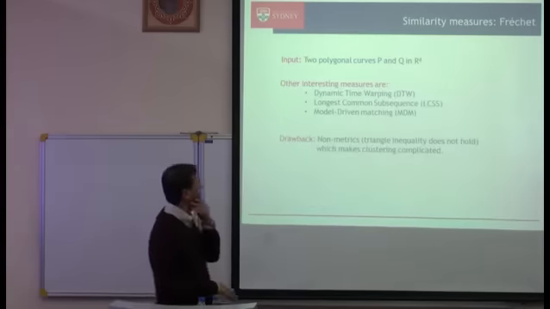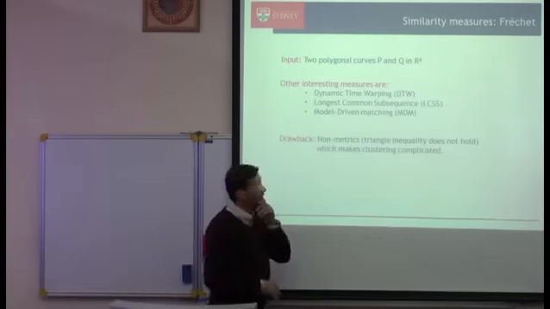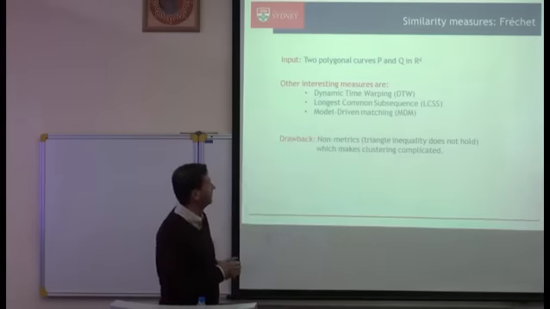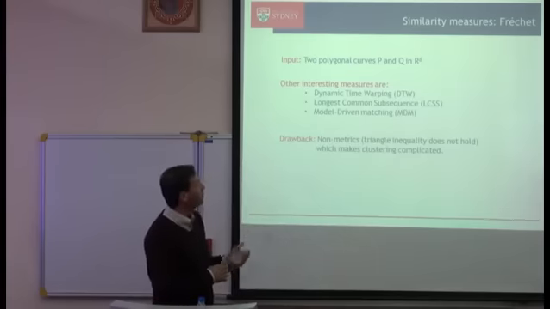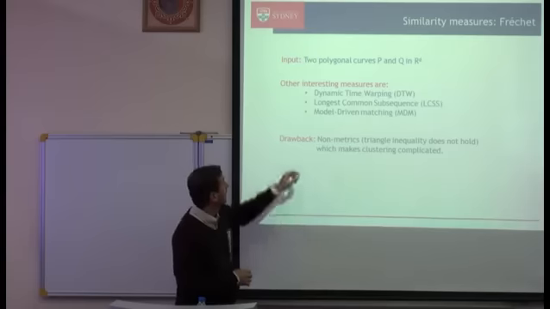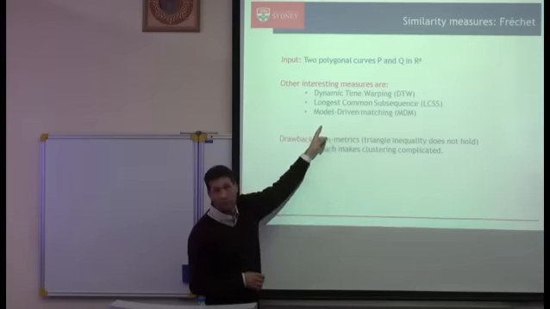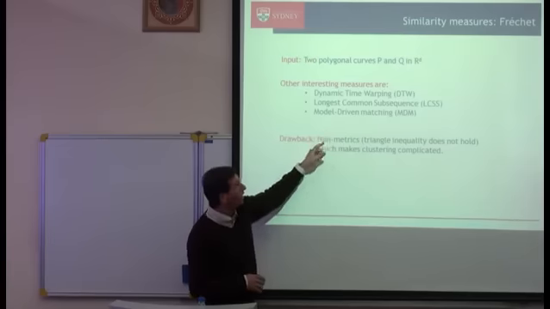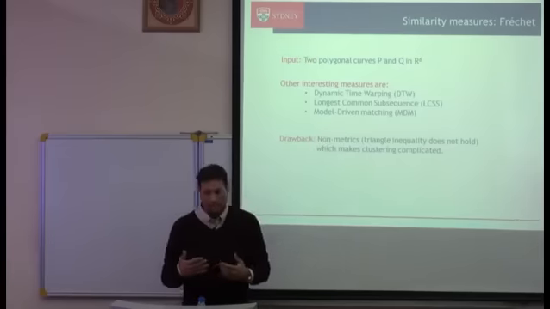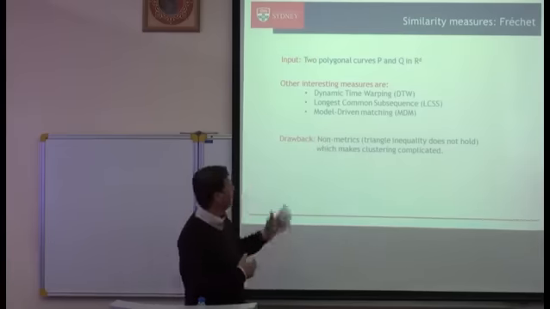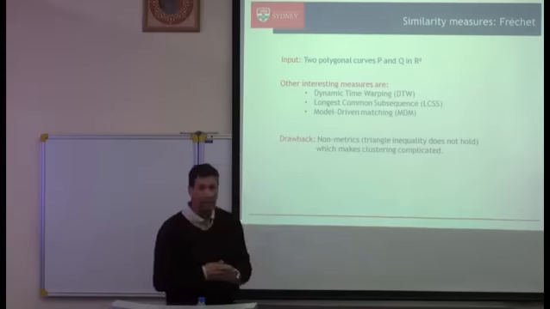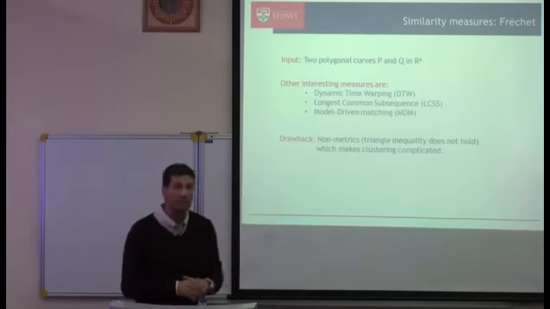And there are other very nice distance measures. So there's the dynamic time warping, longest common subsequences, and a new distance measure that was proposed last year that is a mix between dynamic time warping and edit distance, which I think is a very nice distance measure.